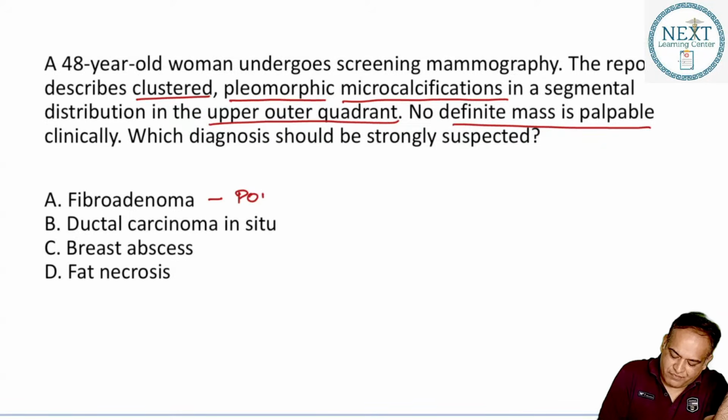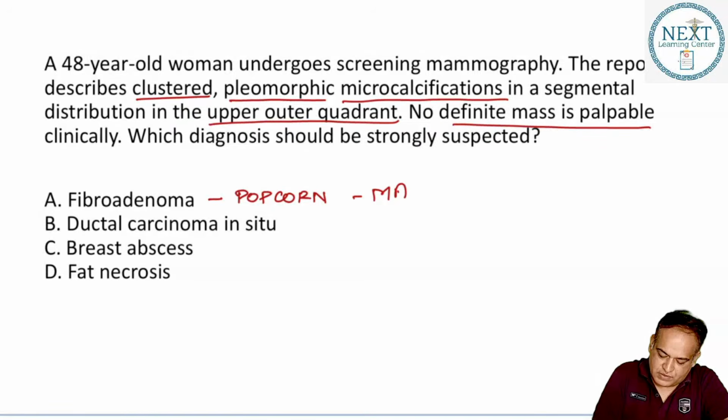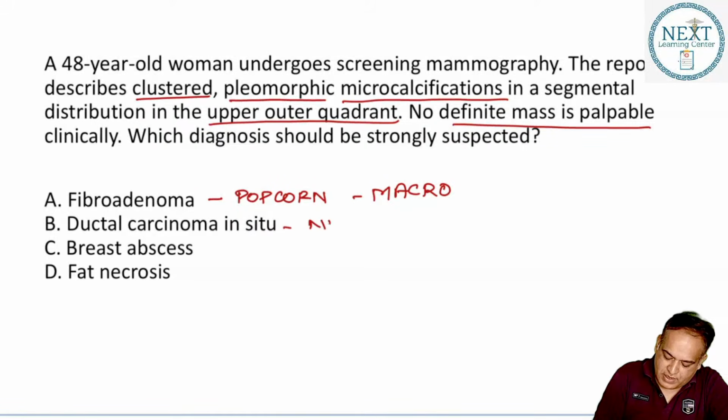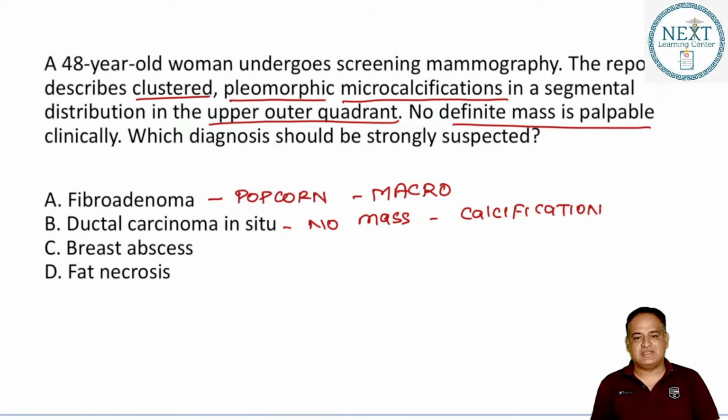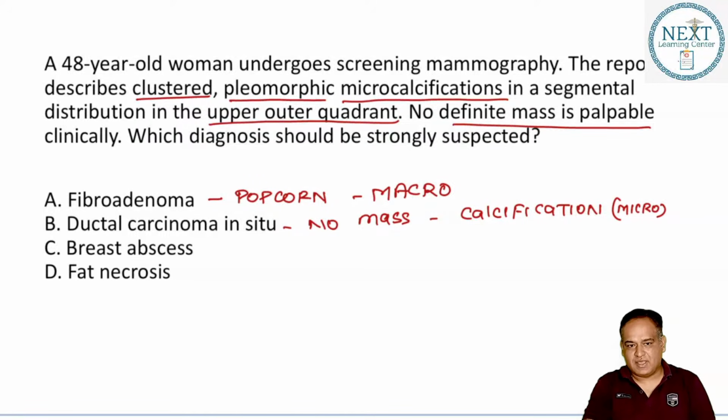Fibroadenoma: if at all it has calcification, it will present with popcorn calcification, which is macrocalcification. Ductal carcinoma in situ: usually there is no mass, but definitely calcification is seen, and it is microcalcification.